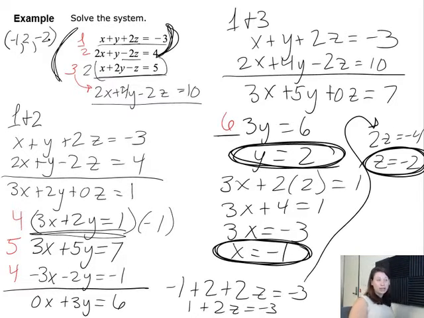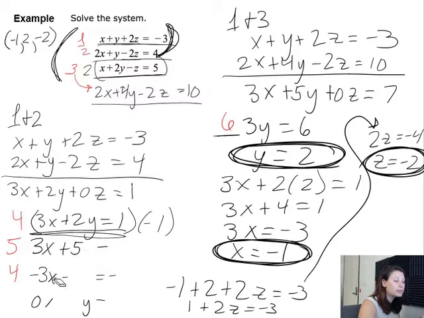Now again, we just used that first equation, so we could check it in the second equation. So let me erase a little bit so that we have some room.